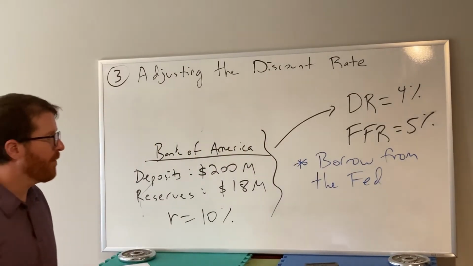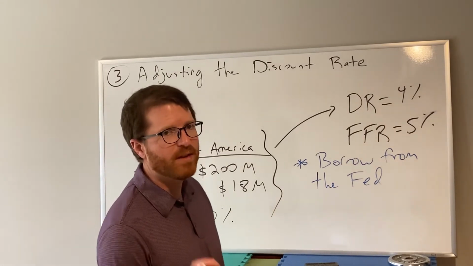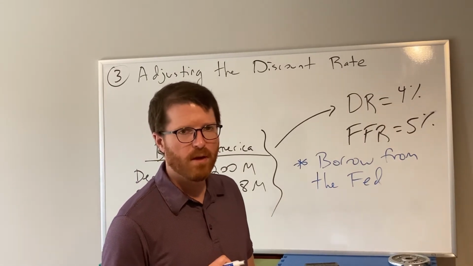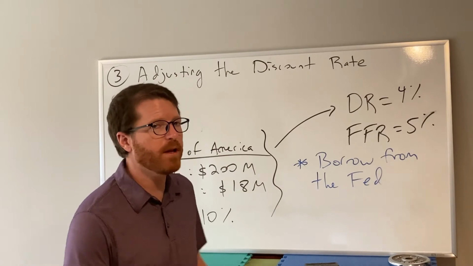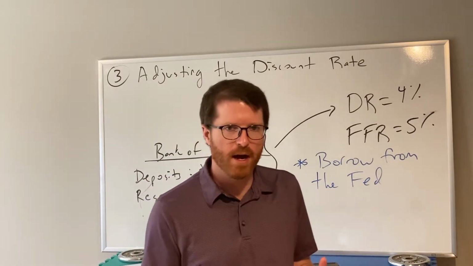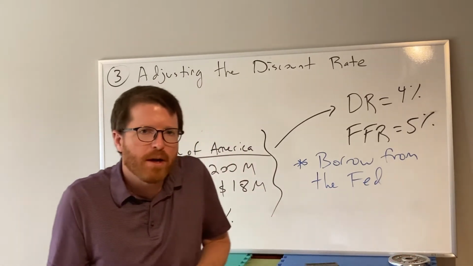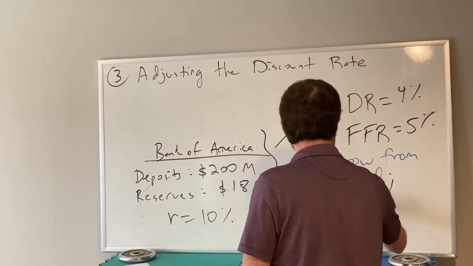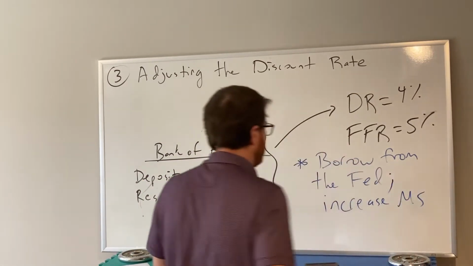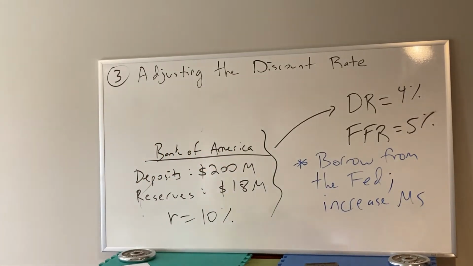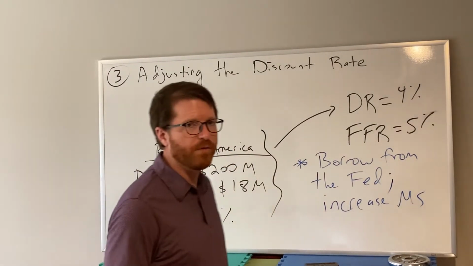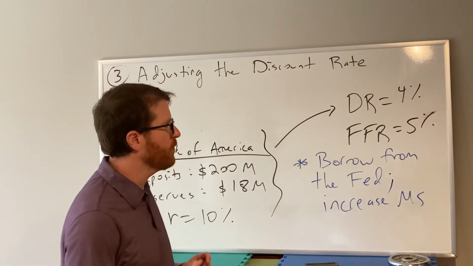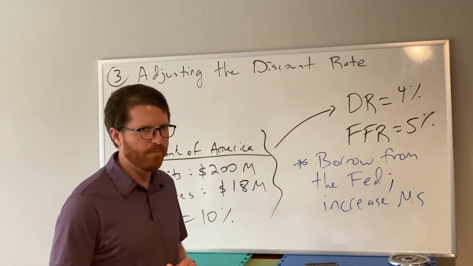And when they borrow from the Fed, this now creates new money. When banks borrow from the Fed, they're borrowing money that otherwise wouldn't be in the economy. So it's bringing fresh money into the economy. So this would increase the money supply. So if the Fed wants to increase the money supply, it can do so by dropping the discount rate.